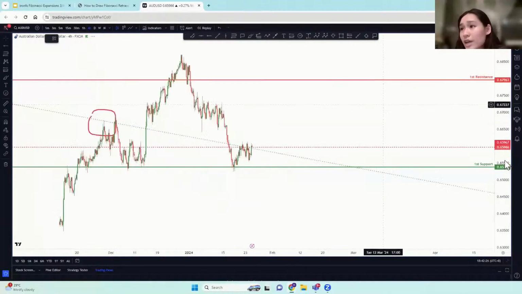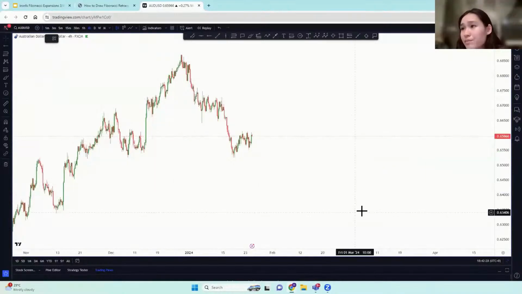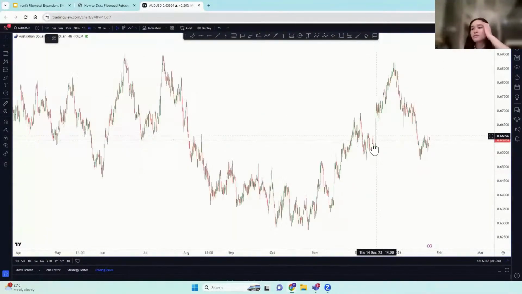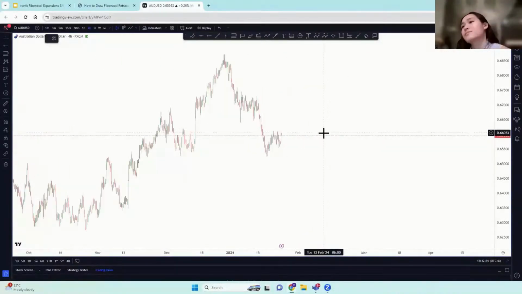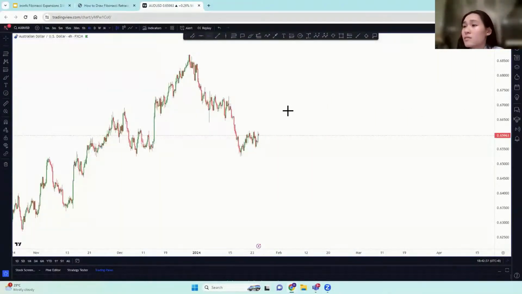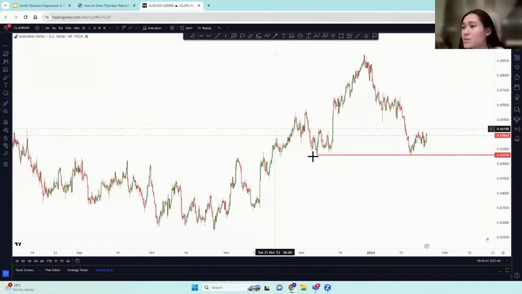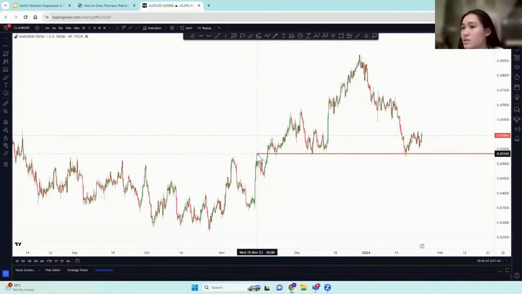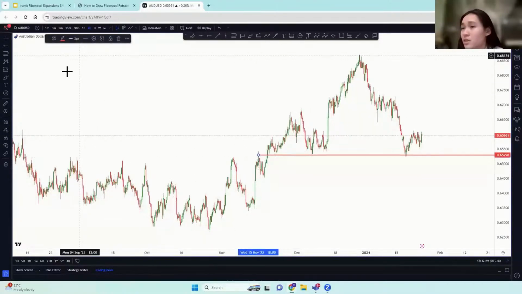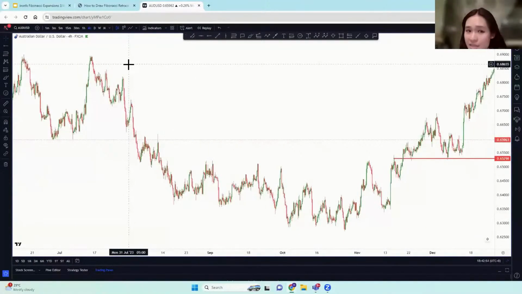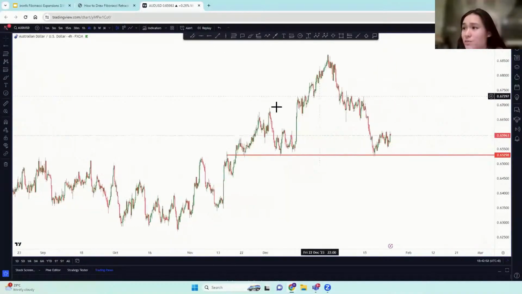Okay, now let's look at our 4-hour time frame. You can see on our 4-hour time frame, it looks significantly more like there's no real trend. It's ranging here. So that's why it's important to look at the higher time frames first and then zoom down to your lower time frames.